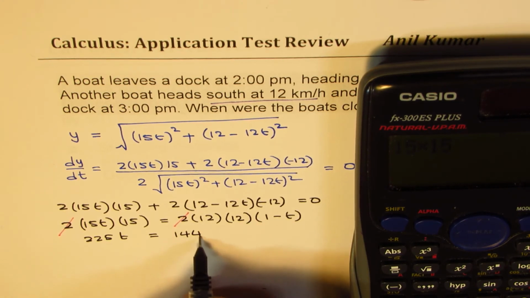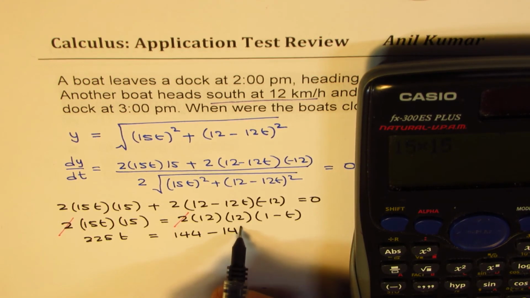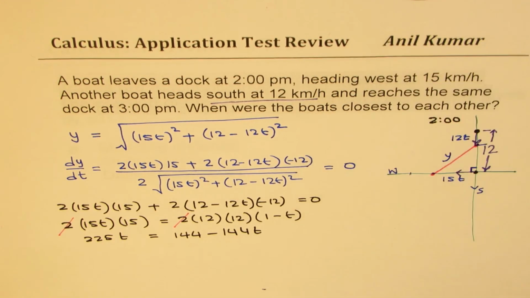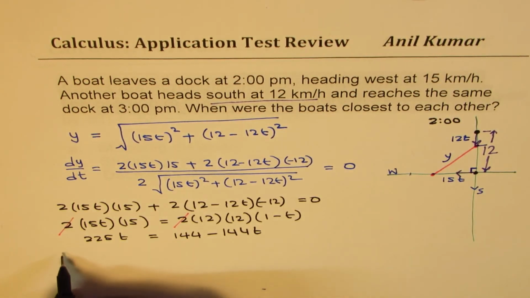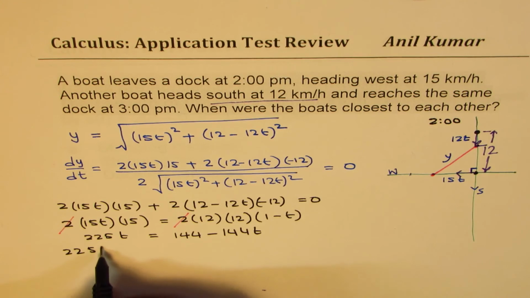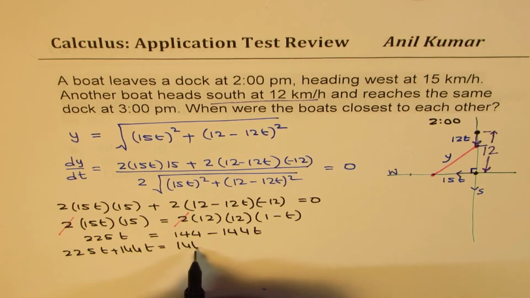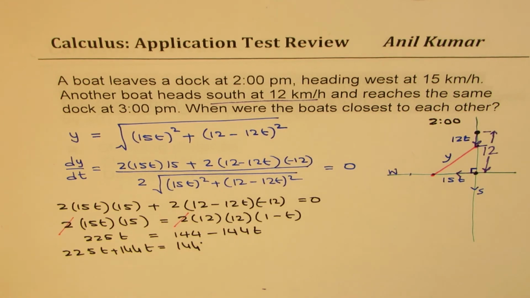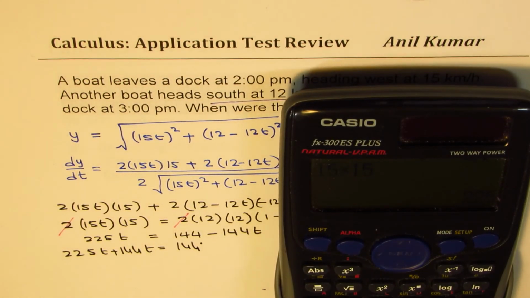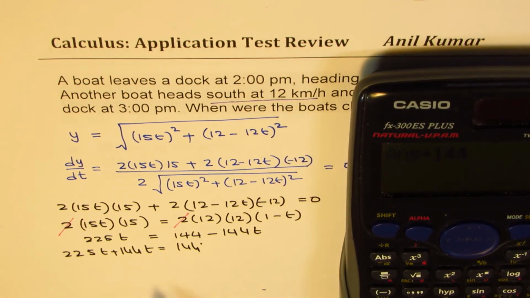So we have 144 minus 144t, correct? So let's bring this to the left side. So we get 225t plus 144t equals 144. And let's add them. So 225 plus 144 is equal to 369.